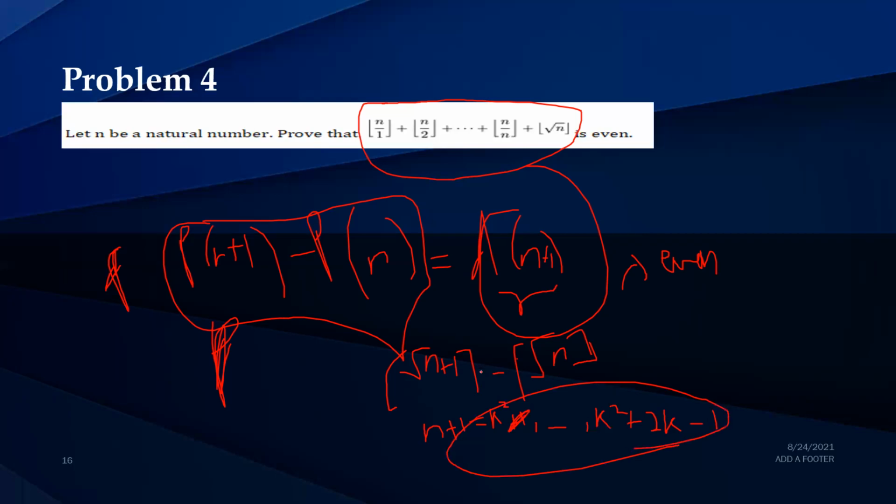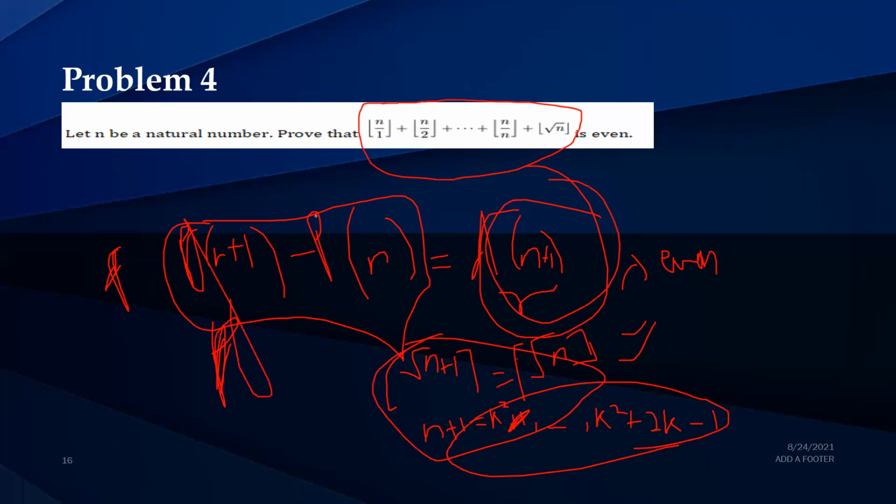So this means that the floor of root of n plus 1 would be equal to the floor of root of n, so this difference would be 0 and this would be even. So this means that g of n plus 1 minus g of n would be even. So if n plus 1 is not a perfect square, then it is true.